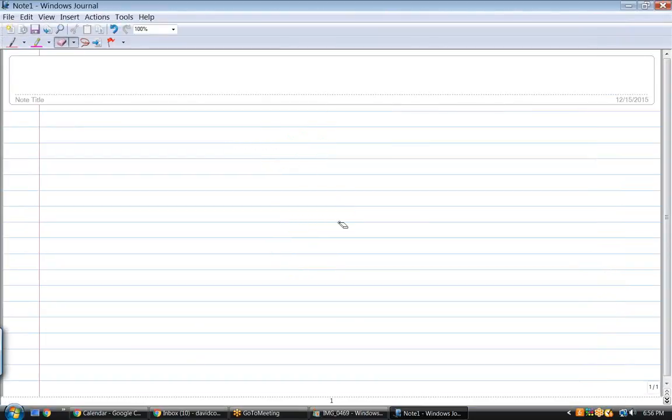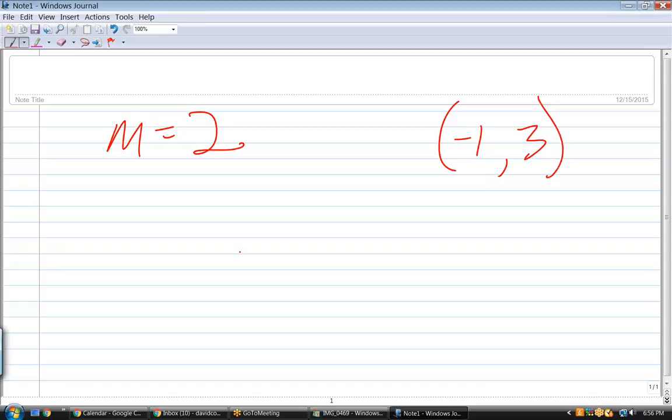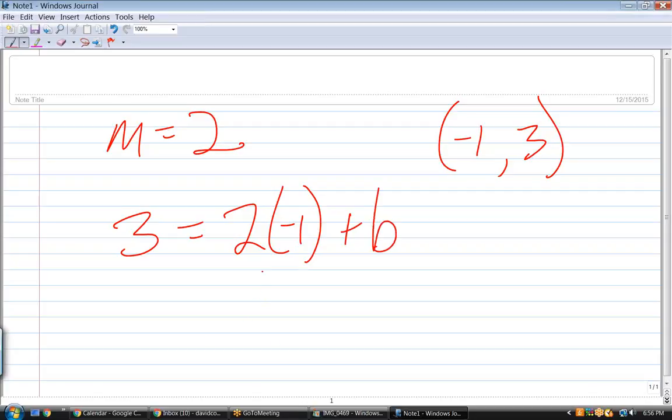So, we had a slope of 2. We had a point of -1, 3. And we solved for b. What was b equal to? We had 3 equal to 2 times minus 1 plus b. Solve that for b.